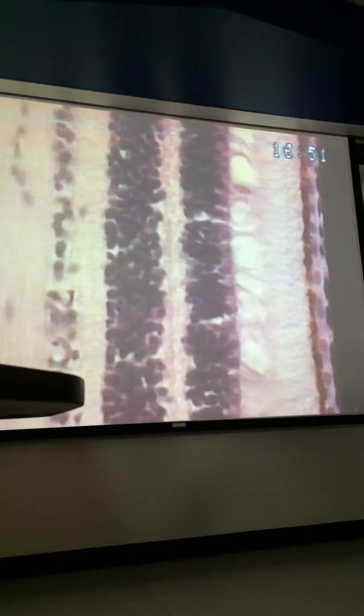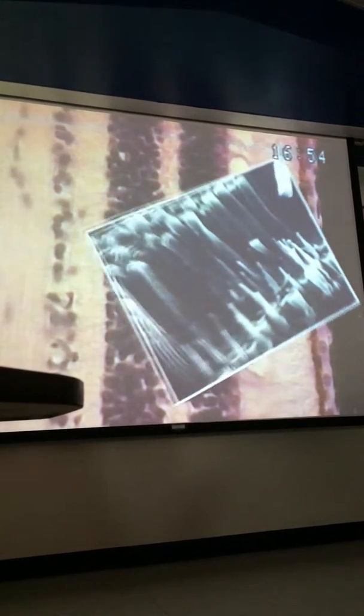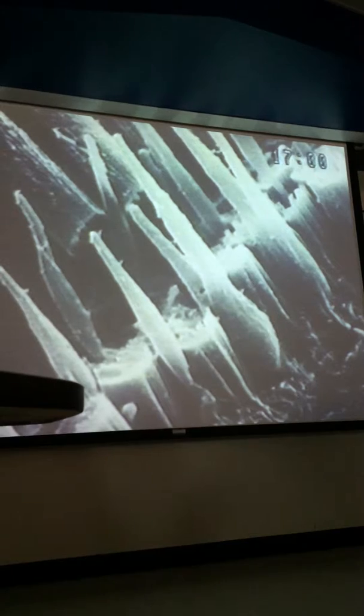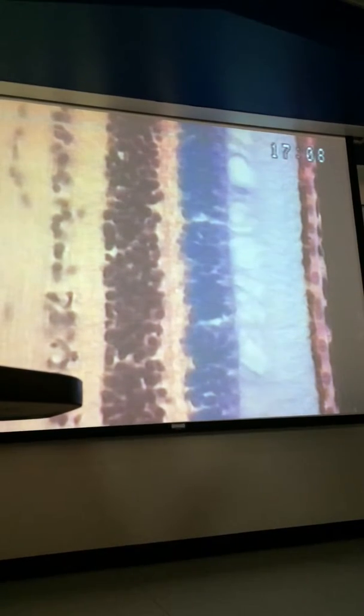There are two types of receptors: the larger rods, sensitive to low light levels, and the cones, which require higher light intensities and pick up color. The electrical potentials generated by the rods and cones are relayed via a layer of bipolar cells to the retinal ganglion cells in the outer part of the retina.